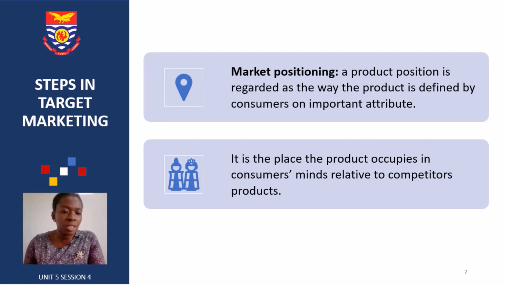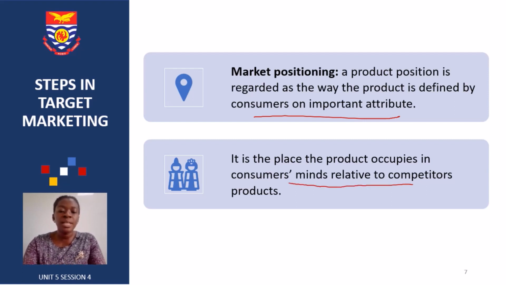And you can also continue by looking out for market positioning. A product's position is regarded as the way a product is defined by customers or consumers on important attributes. It is the place the product occupies in the minds of consumers relative to competitors' products.